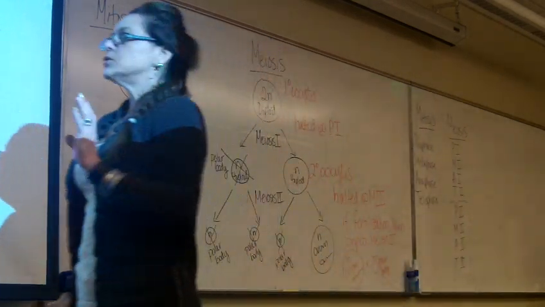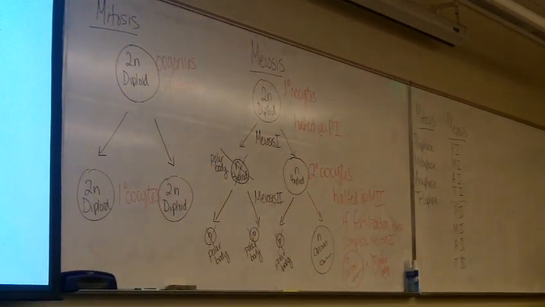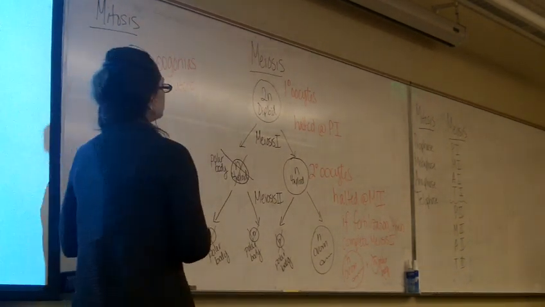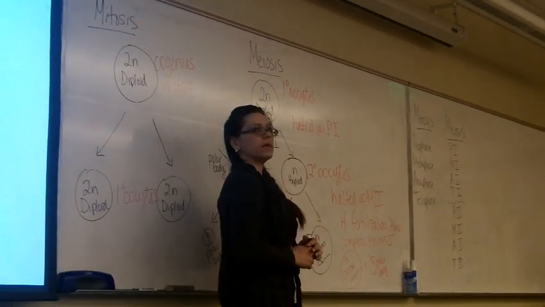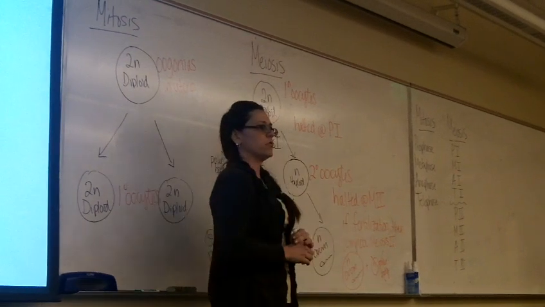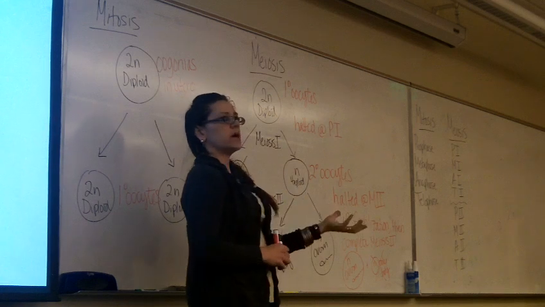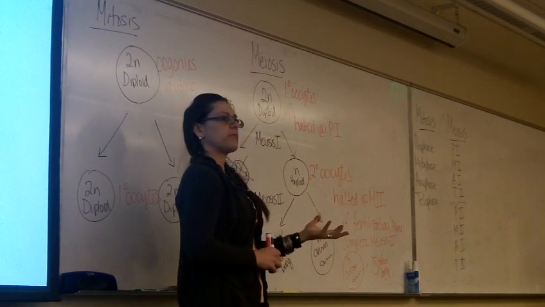Now, if the secondary oocyte doesn't get fertilized, then it never finishes meiosis. It'll just die off in the fallopian tubes. And if it doesn't get ovulated, it will just die off in the ovary.